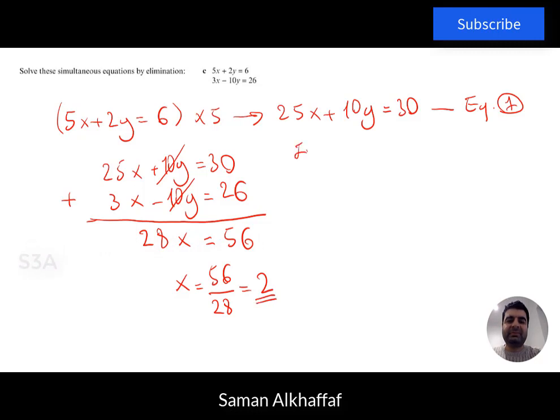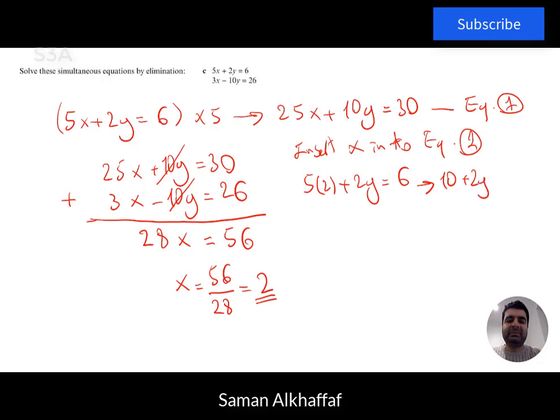We insert x into equation 1, which is the original one. So that will be 5 multiplied by 2 plus 2y equals 6. So we'd have 10 plus 2y equals 6.